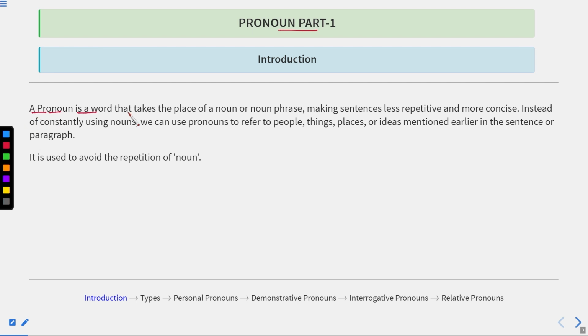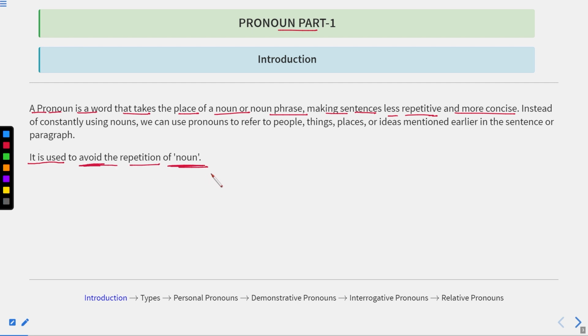A pronoun is a word that takes the place of a noun or a noun phrase, making sentences less repetitive and more concise. If you see this word repetitive, here you can see one more line which is written that it is used to avoid the repetition of noun.